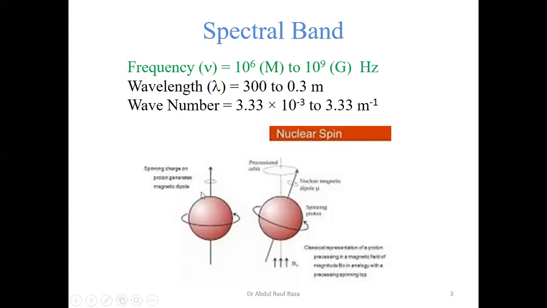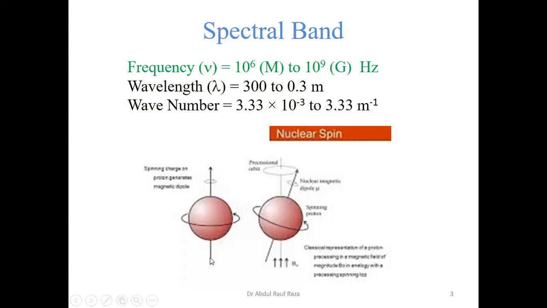So what is nuclear magnetic resonance? In this case, we resonate. If it is spinning clockwise, then we provide energy, a discrete value, to invert its spin. From clockwise it rotates to anti-clockwise, or from anti-clockwise it rotates to clockwise.